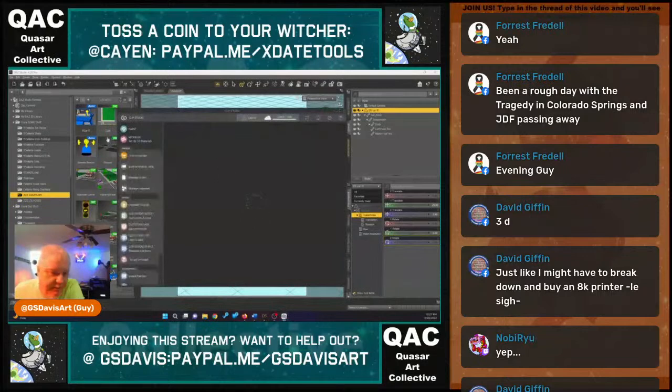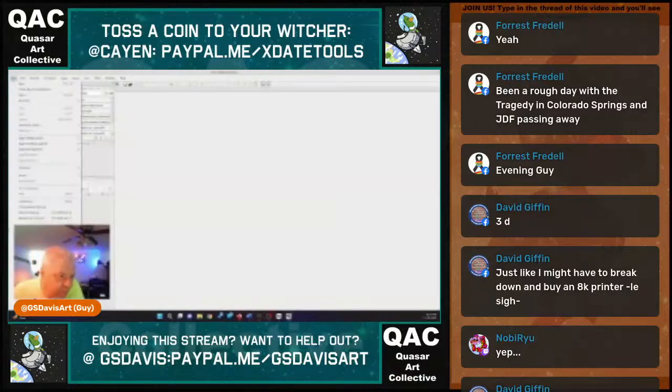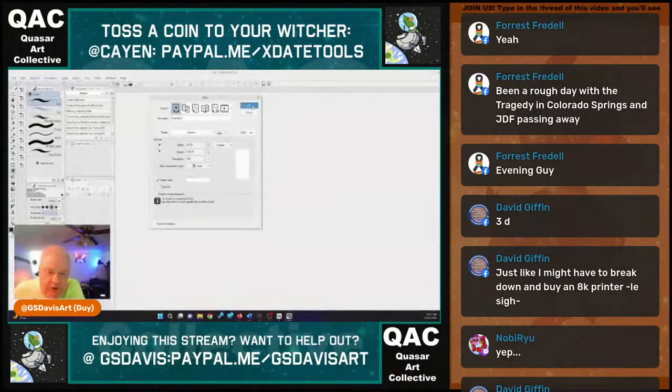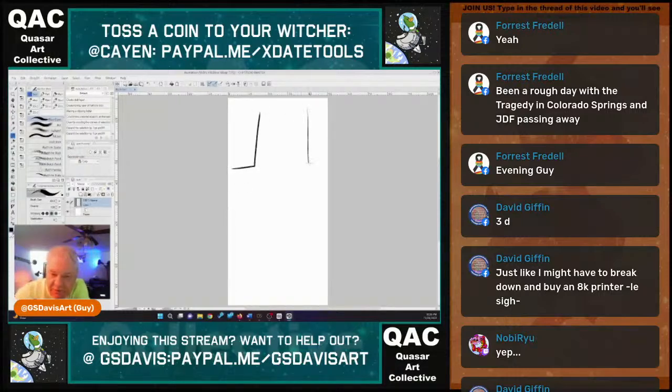I'm gonna spin up. Sure. But essentially, the road is set up like this, right? You've got a road going this way, like so, and then going this way, like so.